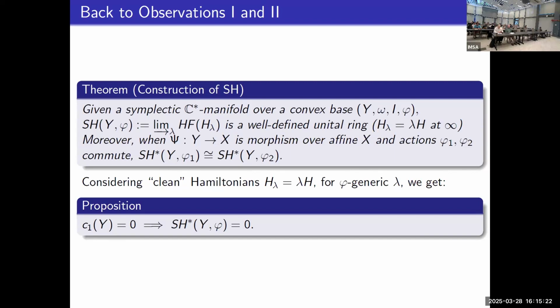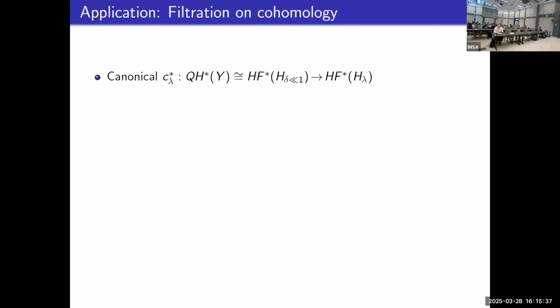So for small lambda, in this direct limit you start with quantum cohomology, and then you go further, and in the direct limit you get 0. So what it tells you is that you can get a canonical filtration. Again, for small slope it's quantum cohomology, and then in this direct limit you get to a certain slope.